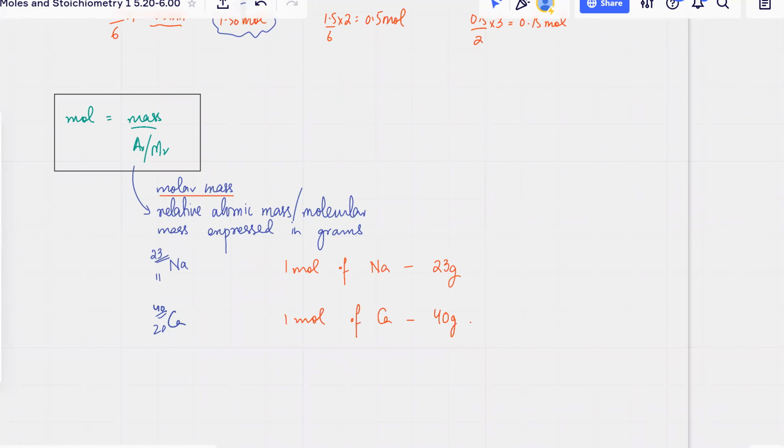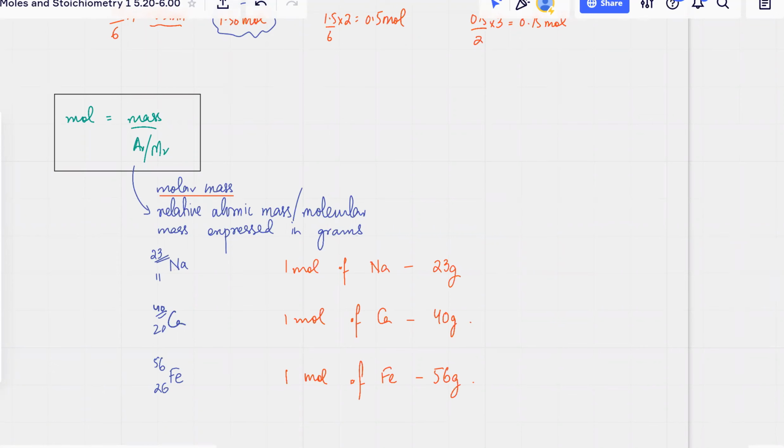ठीक है, इसी तरह for example if you have a piece of iron, now in the periodic table iron is छोटा वाला electrons is 26, protons is 26, but the mass is 56. So that indicates that 1 mole of iron has a mass of 56 grams, right?